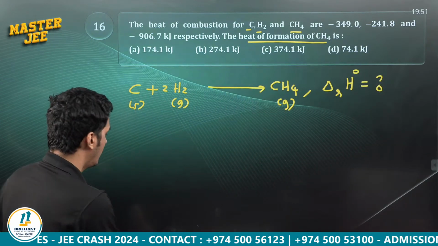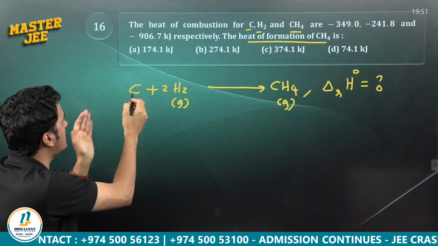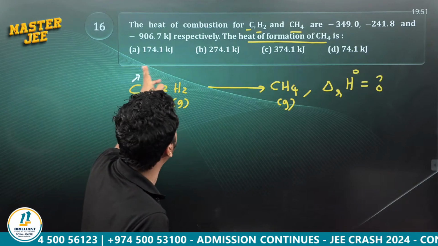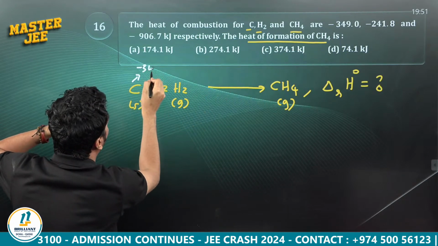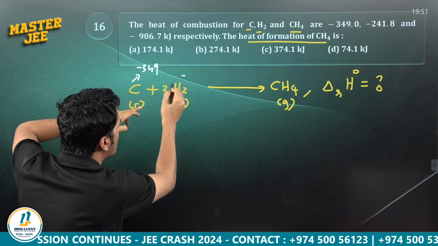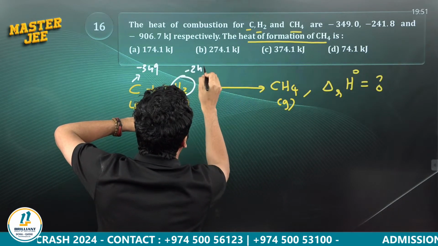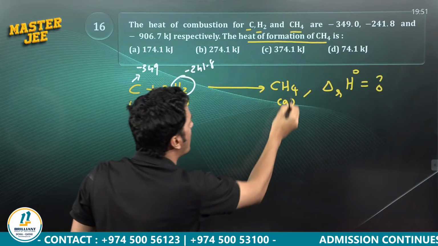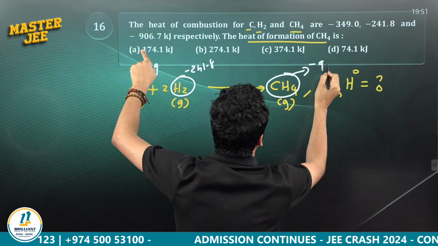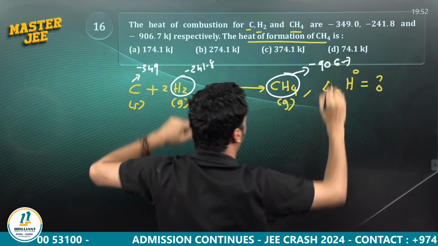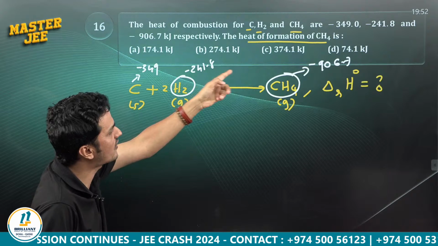But they gave the enthalpy of combustion. The enthalpy change of combustion of carbon they gave as minus 349, the enthalpy of combustion of hydrogen minus 241.8, and the enthalpy of combustion of methane minus 906.7, all in kilojoule. Then how can I find it? That is actually enthalpy of combustion they gave.